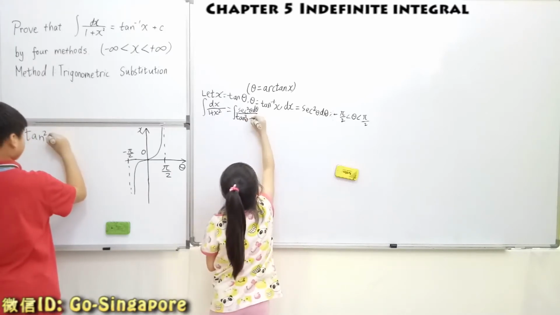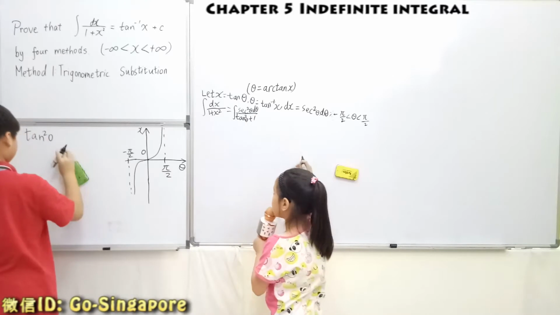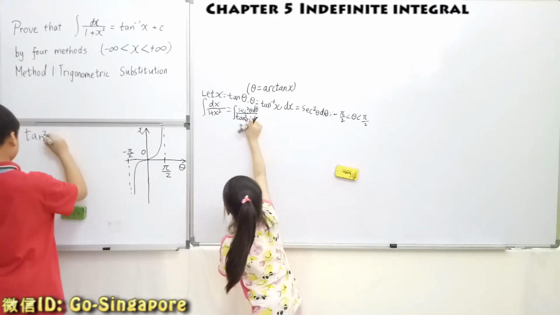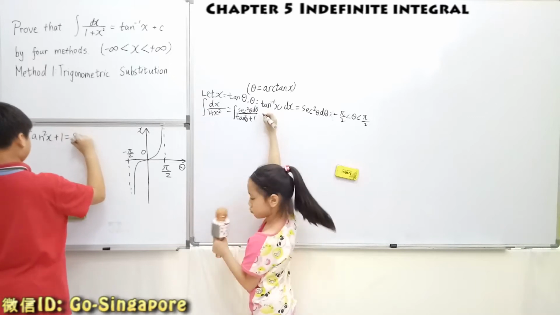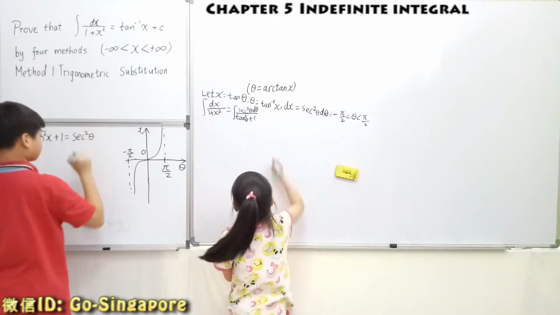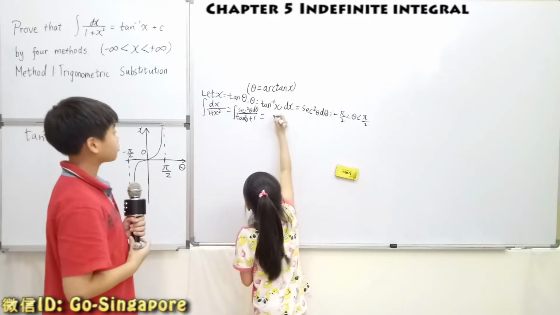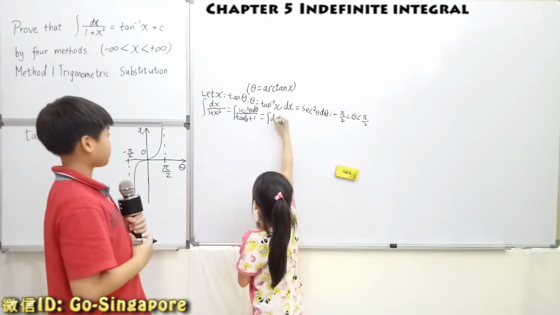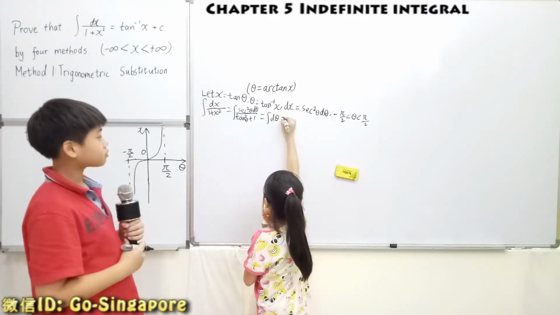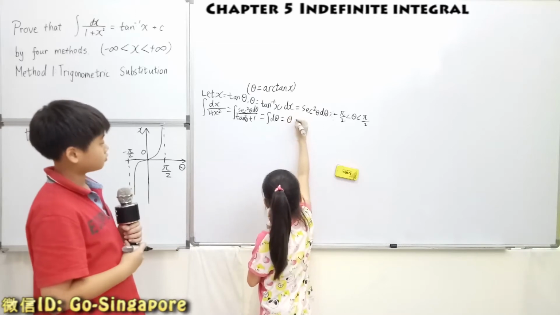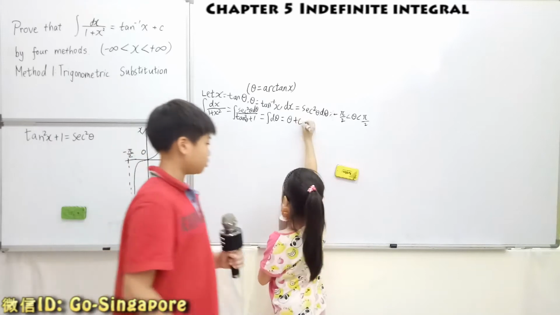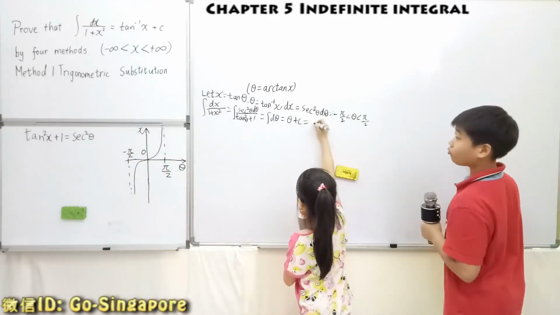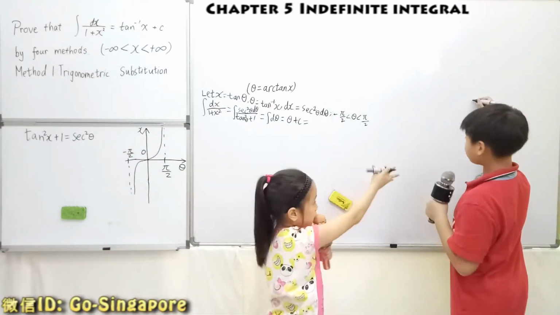Write down the identity, because this denominator equals secant squared theta. Since we solved it, don't forget your right angle triangle.